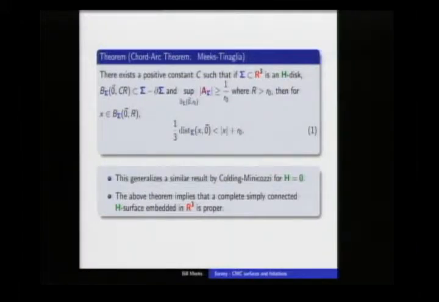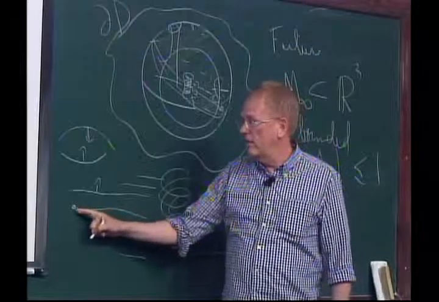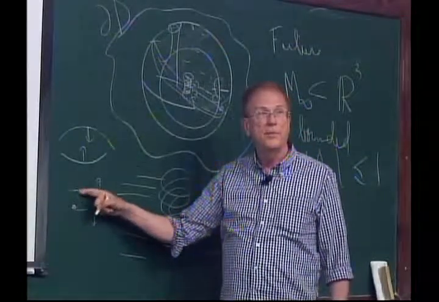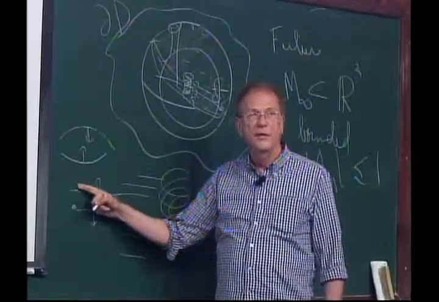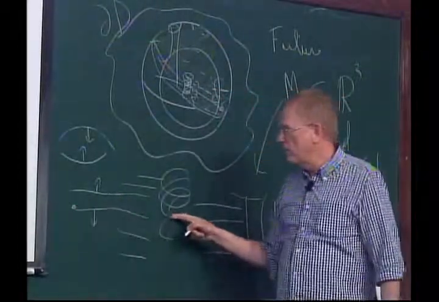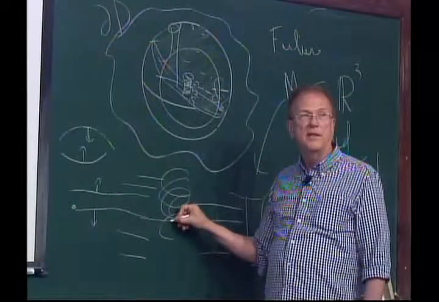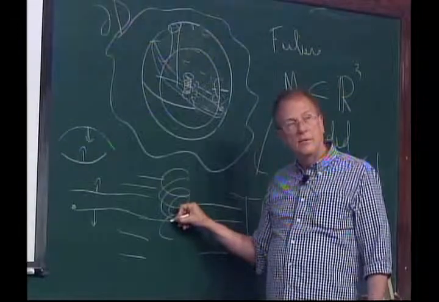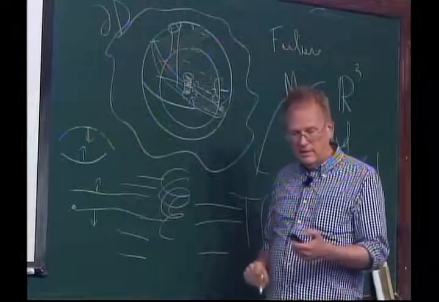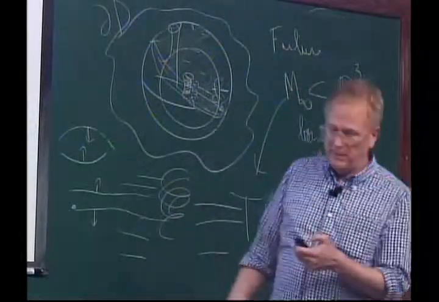You don't want to be on the really flat part of the surface, like the helicoid. Over here, it's very, very flat, and then this point is far away from this point. It fails. So you have to be reasonably close to points of relatively big norm of the second fundamental form. It's a scale invariant property.